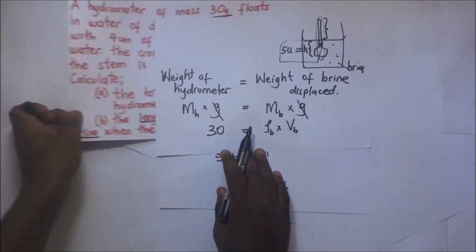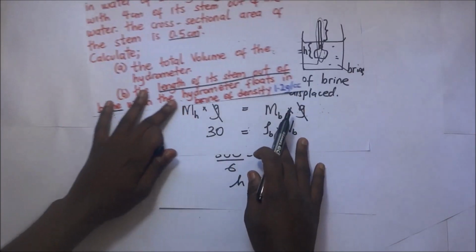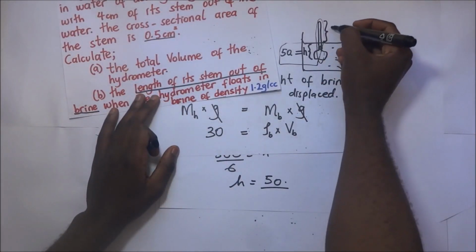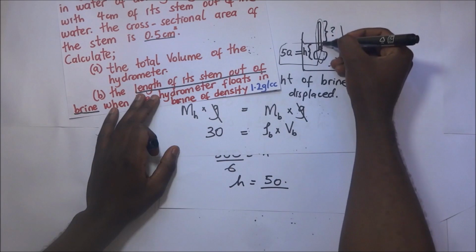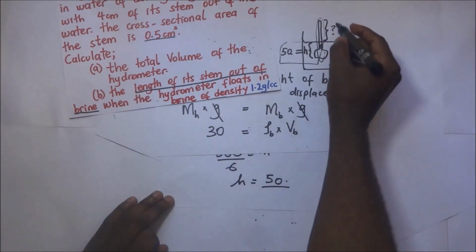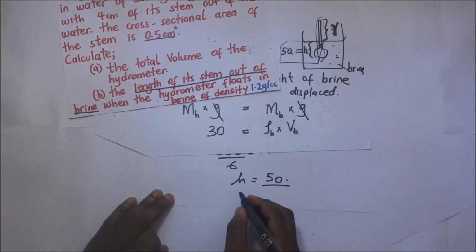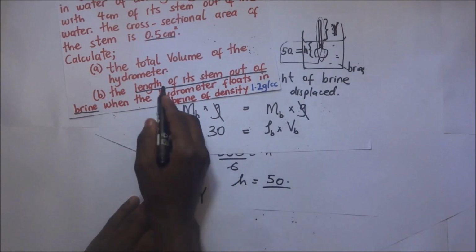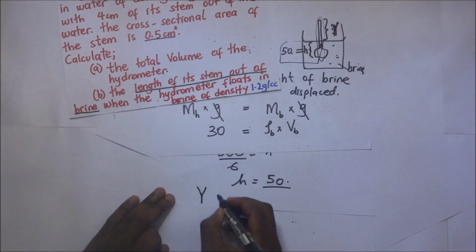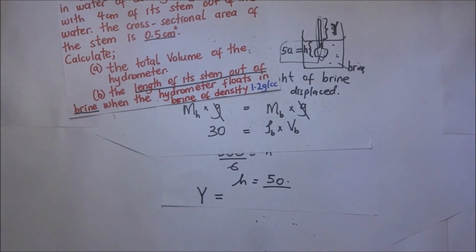Now that we have the height submerged, which is 50, the question requires us to find the length of the stem out of brine. The length of the stem that is out is given by the length of the whole thing minus the length that is submerged. Let's call it y. To find y, the length of the stem out of brine, we take the length of the whole stem, which we got in our previous calculations as 64 centimeters.